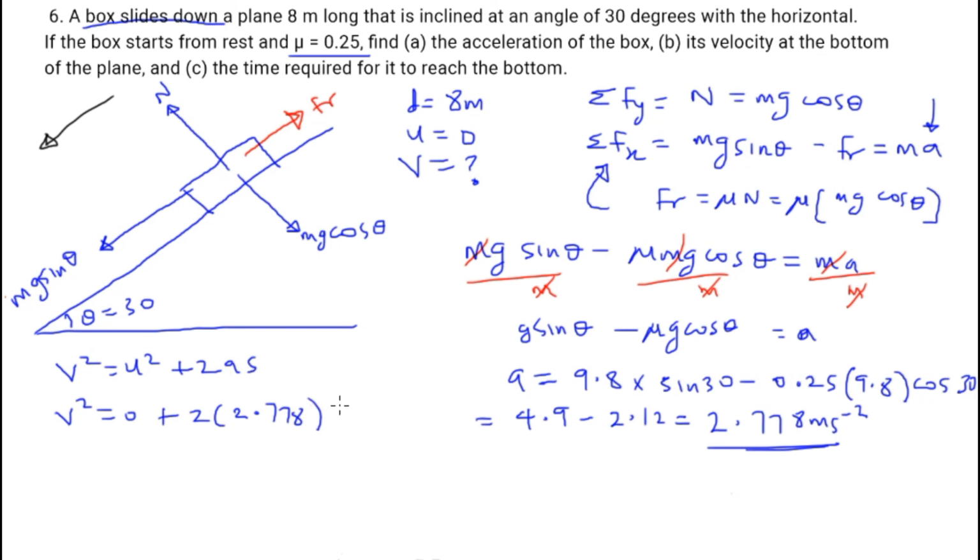The distance along the plane is given as 8 meters, so v squared is equal to 2.778 multiplied by 8 multiplied by 2, and that's equal to 44.448.